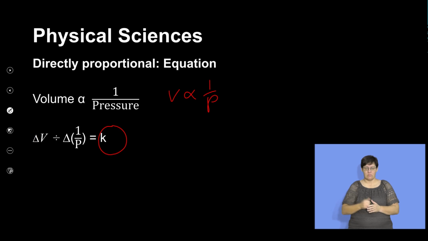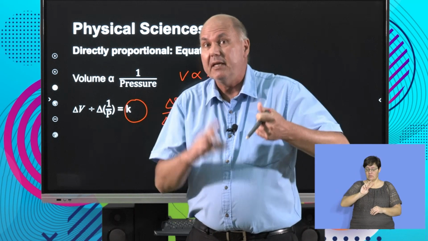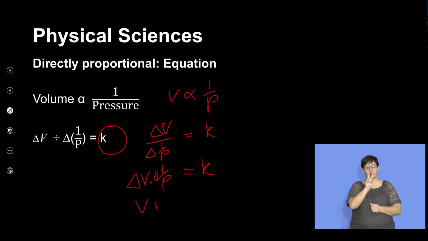What I want us to do is look at this very carefully: if we have delta V over delta 1 over P, what's the rule when you divide by a fraction? That's right, we tip it and we times it. So we know that's equal to a constant. So delta V times P, or delta 1 over P, is equal to a constant. So in effect, we can say that V times P is equal to a constant.